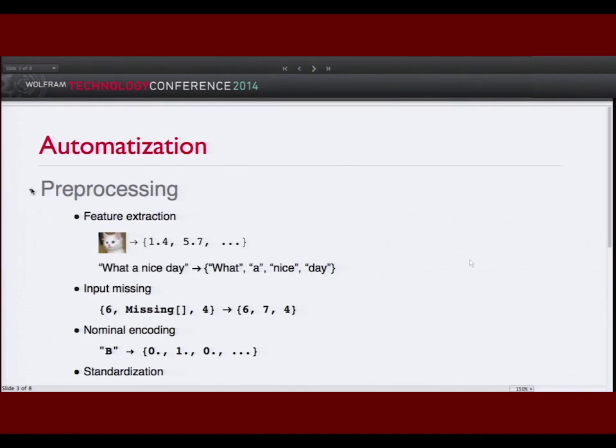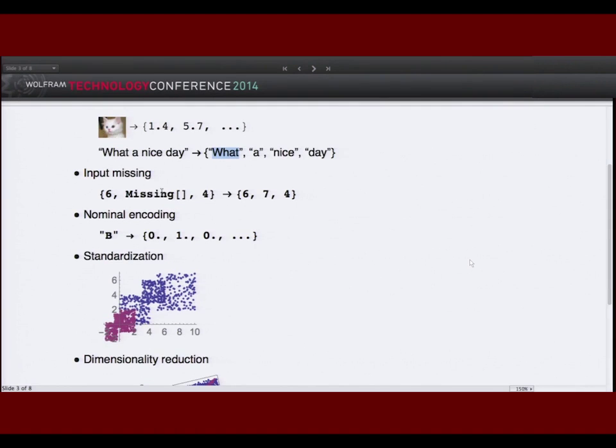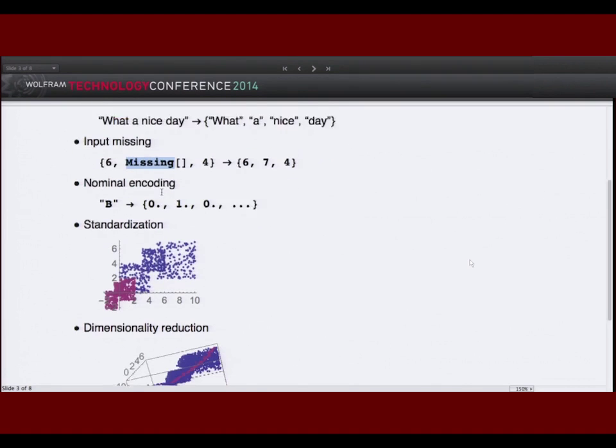So okay, these are just some examples of what preprocessing can be done. So of course, feature extraction. When you take a feature like an image or text, you need to extract features from it. So for images, numerical features; for text, it might probably be tokens of the words, or, I don't know, some statistics about the characters, or things like this. Imputing missing data. Many times in a real data set, you have missing values, so there are techniques to impute this missing data.